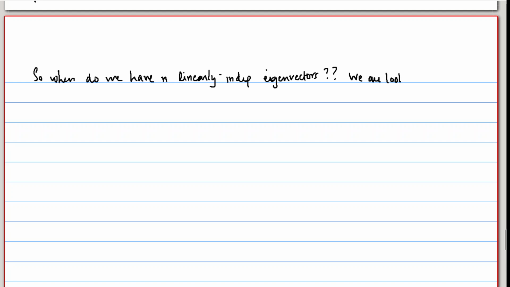So when do we have n linearly independent eigenvectors? This is our interest, right? When we have this, it is the same as saying that it will be diagonalizable. So we are looking for a sufficient condition.